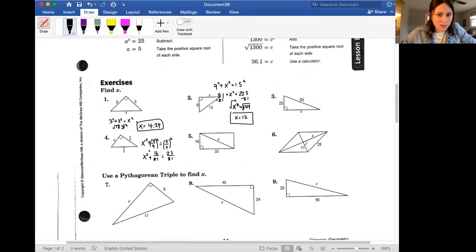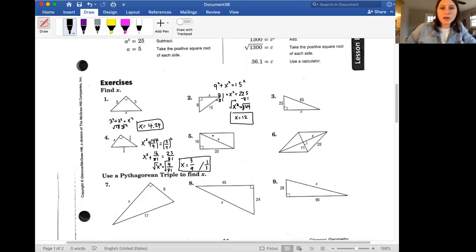Now you work this out as a fraction, subtracting on both sides. x squared equals 9 over 81. Now you square root, and when you square root a fraction, you square root the top and bottom. So 9 square rooted is 3, and 81 square rooted is 9. So it's 3 over 9, or 1/3. That would be your answer.